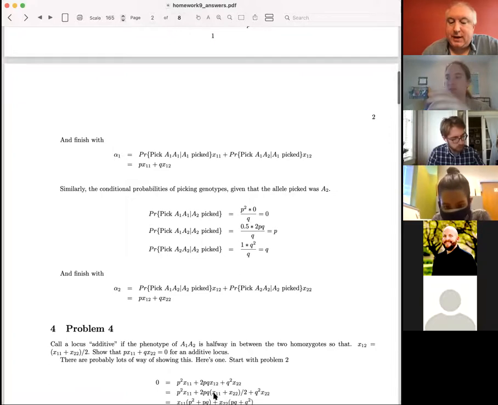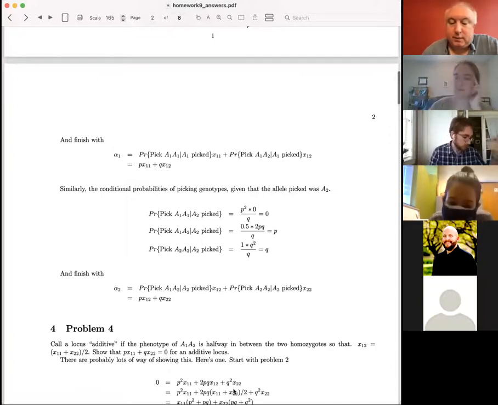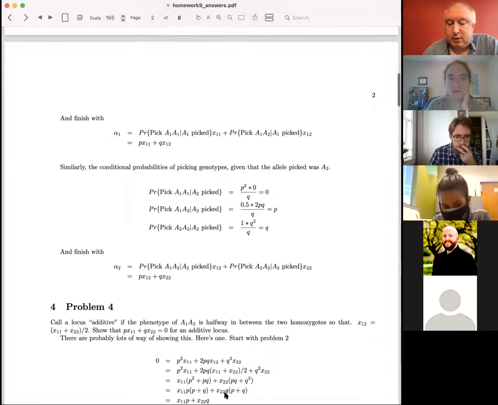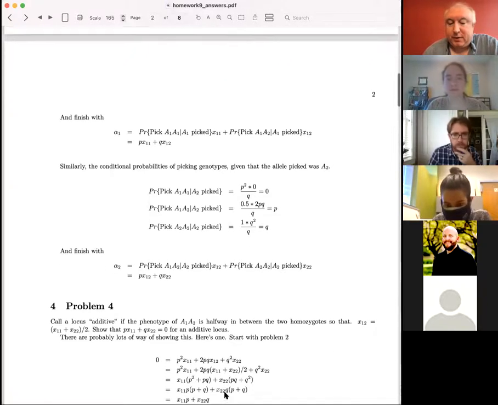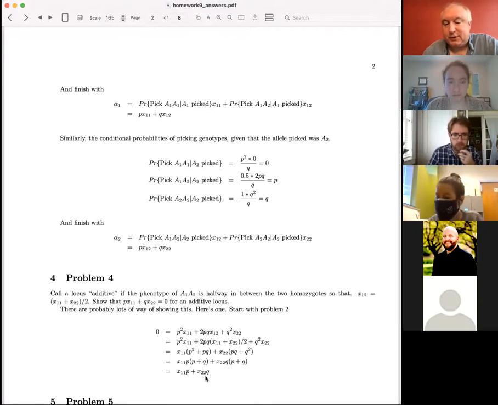With that in your pocket, start out writing 0 equals p squared x11 plus 2pq x12 plus q squared x22. If you then plug in for x12 the average of x11 plus x22 over 2, that's what happens when it's additive. It's exactly halfway in between. You can then do a little algebra, a little more algebra. In about 3 or 4 steps, you should get to x11 p plus x22 q is 0.